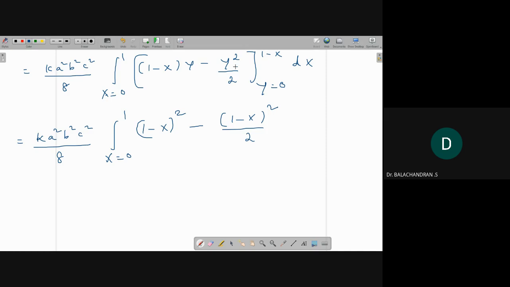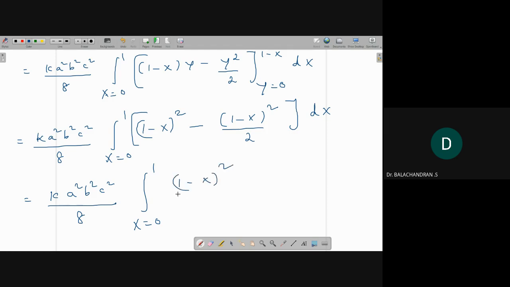Lower limit is 0. So this is k a square b square c square by 8, integration x from 0 to 1, 1 minus x whole square by 2. We simplify this into dx.